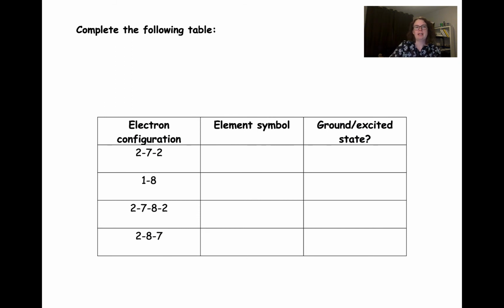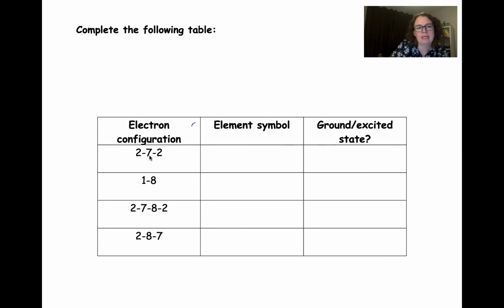Of determining if an electron configuration is in the excited state or the ground state. So here we're given a list of different electron configurations. We want to know the element symbol and then determine if we're in the ground or excited state. So there's a lot of information in this electron configuration. So the first thing we want to do is count up the total number of electrons.